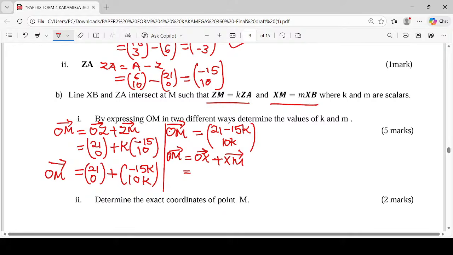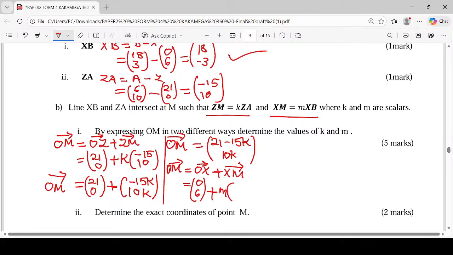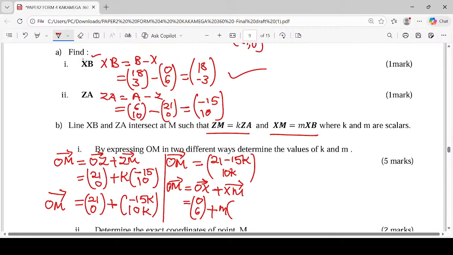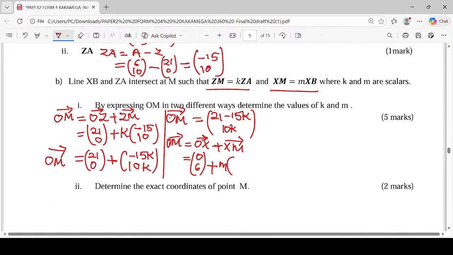So this is going to be 6, 0, plus XM, but our XM is M XB. So that is M of XB. We've got XB somewhere here, which is 18, negative 3.